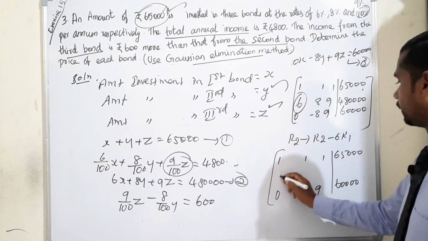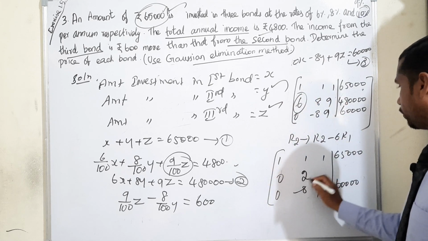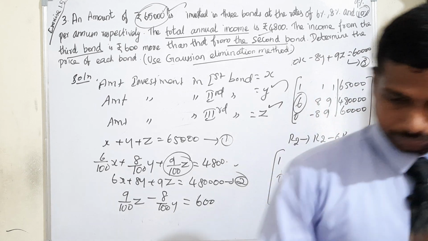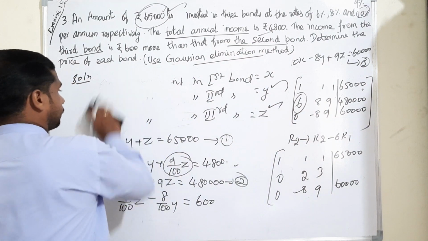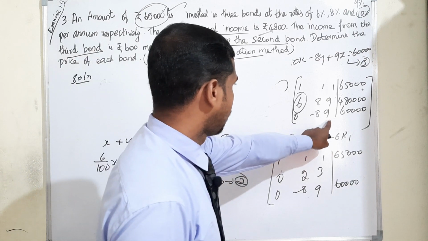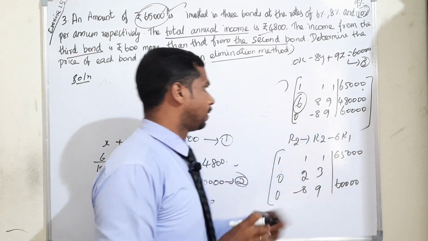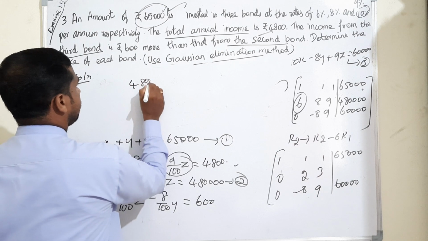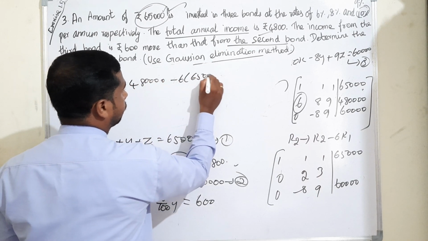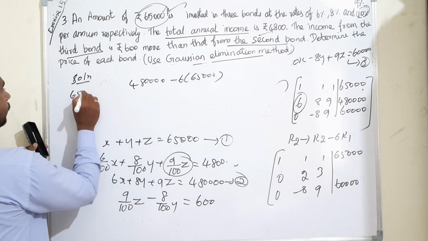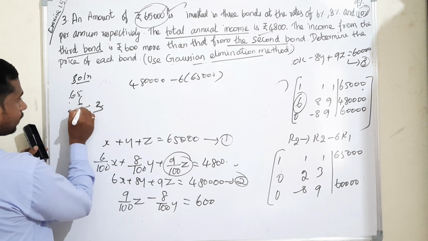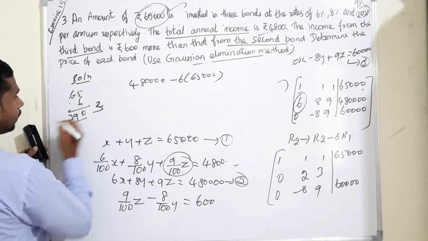What we have to do? 6 minus 6, 0 will come. 8 minus 6, positive 2. 9 minus 6, positive 3. Here very carefully, there is the actual R2 term 480,000 minus 6 into 65,000. 65 into 6 means 5 6s are 30, 0, 3. 6 6s are 36, 36 plus 3 is equal to 39.